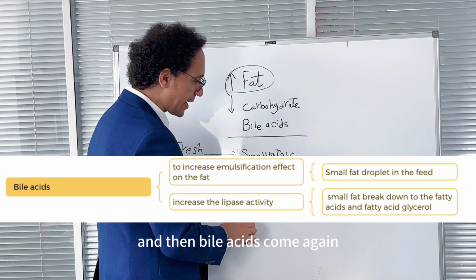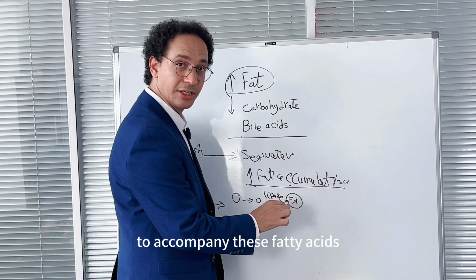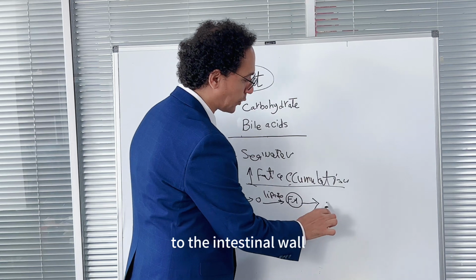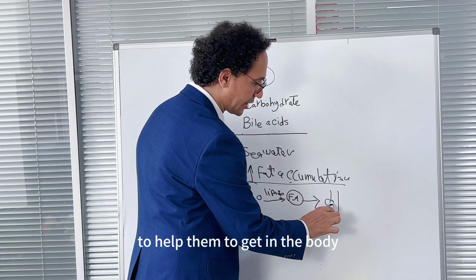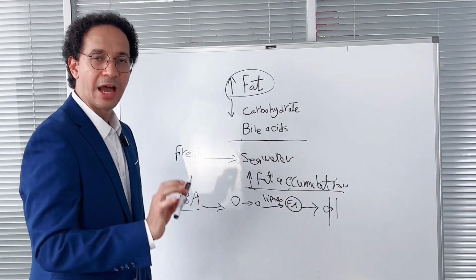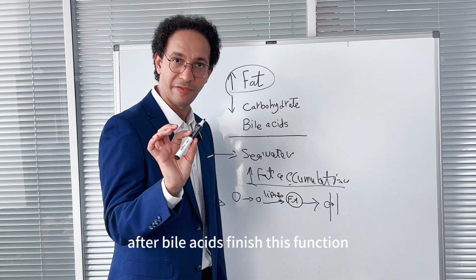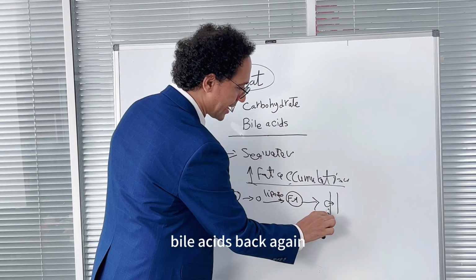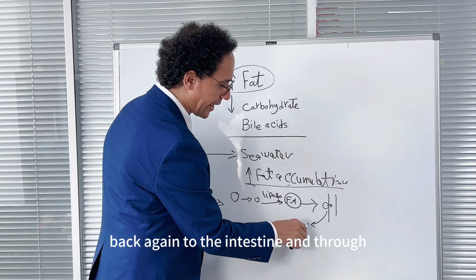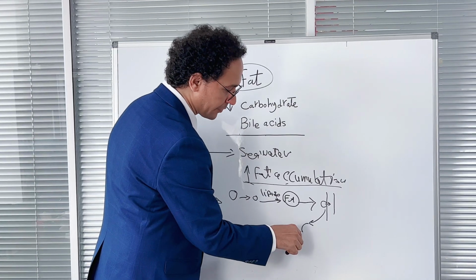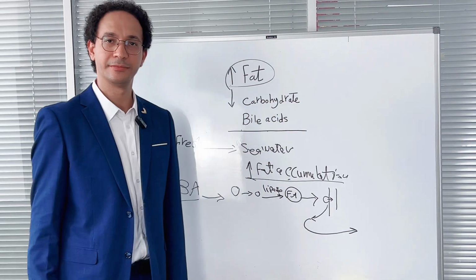And then the bile acid comes again to accompany this fatty acid to the intestinal wall to help them get into the body. After the bile acid finishes this function, the bile acid goes back again to the intestine and through the intestinal wall again gets into the body to do other functions.